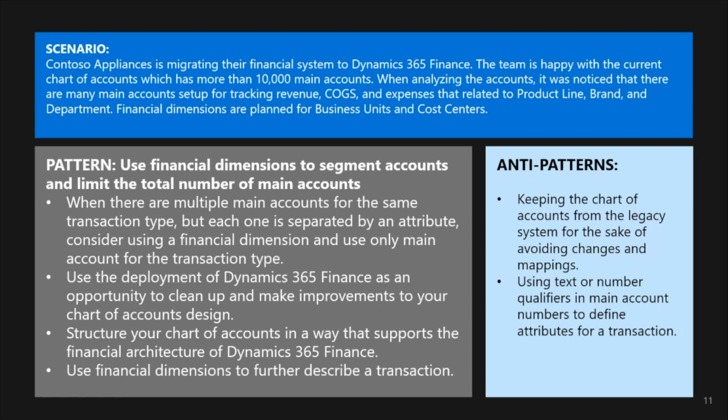And the same sort of thing applies to having longer main accounts or some sort of encoding in them to give a double meaning. It's just going to be harder everywhere. Whenever you're filtering, you have to remember these tricks, and the system is set up to allow good filtering for dimension values and main accounts.